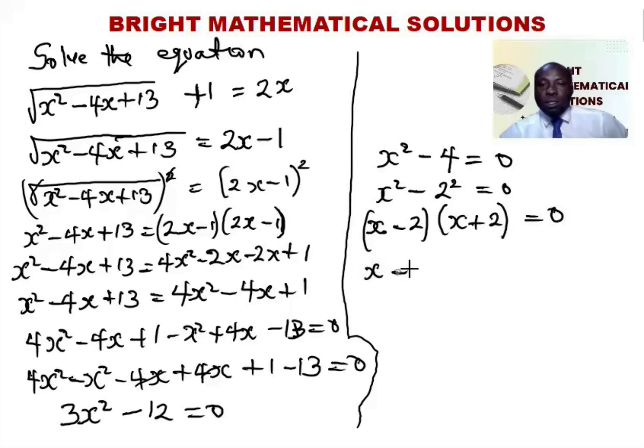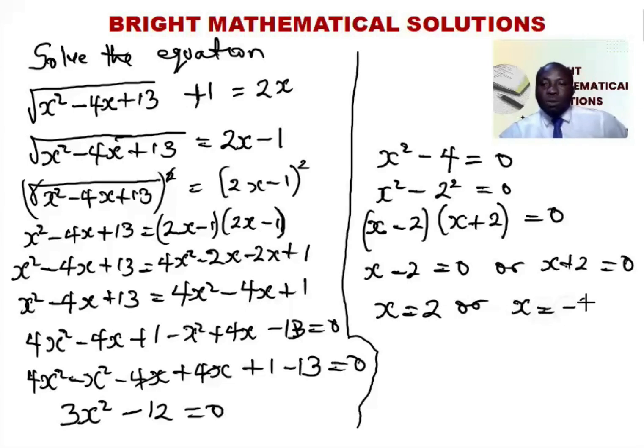Therefore, x minus 2 equals 0, or x plus 2 equals 0. Therefore, x equals 2, or x equals minus 2. So the solution for this expression is when x equals 2 or when x equals minus 2.